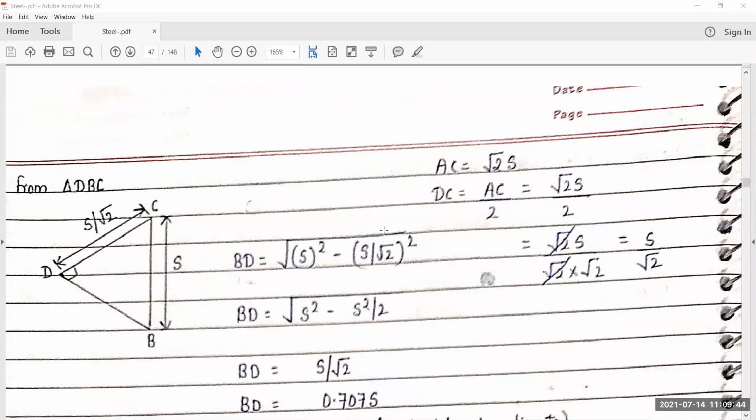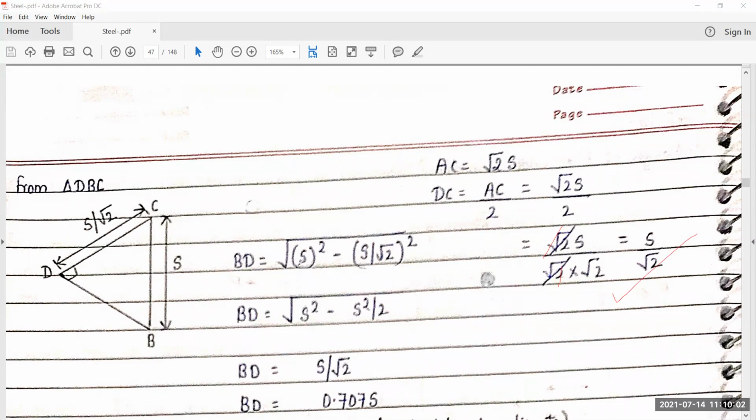Okay, this is the DBC, the value AC and 2S, AC equal to AC upon 2, equal to 2S upon 2.